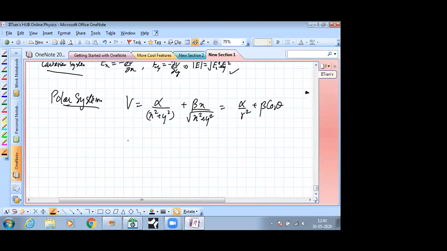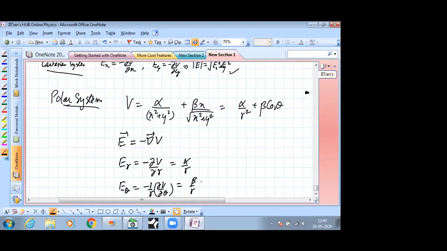So your field, which is negative gradient of potential, is such that radial component is minus del v by del r. So that will become how much? Negative of gradient of this, so that will become 2 alpha by r cube. And your tangential component, which is minus 1 by r del v by del theta, will just become beta by r sin theta.